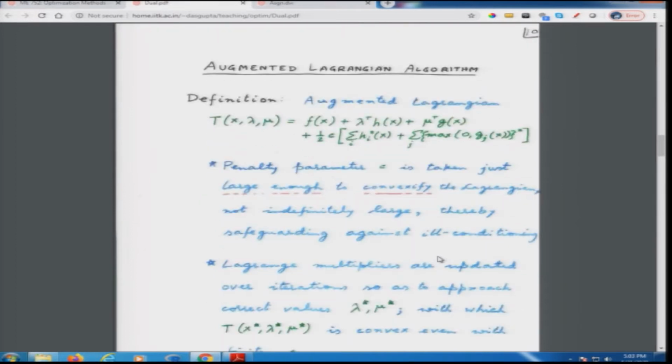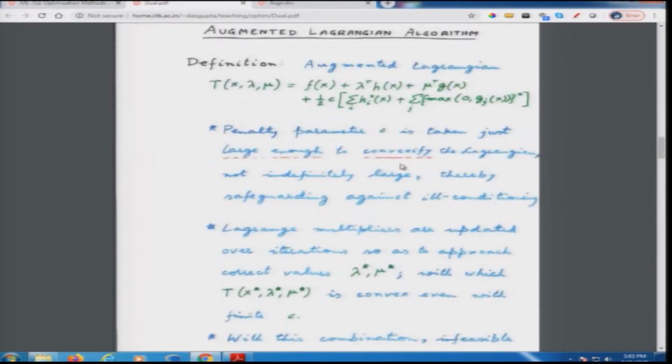Now, in what sense is it dual? In the sense that in the main iteration, at every iteration, it is the Lagrange multipliers which are updated.